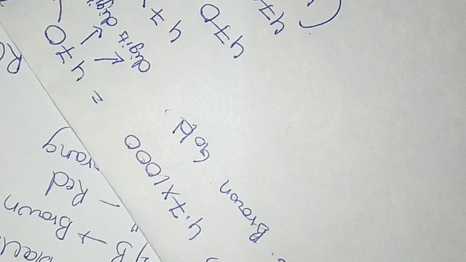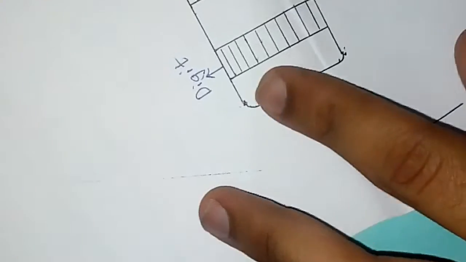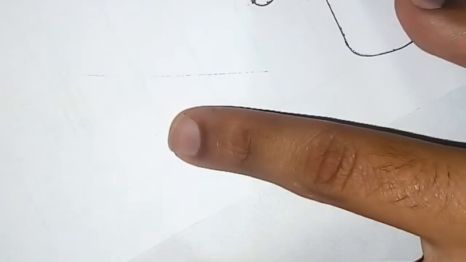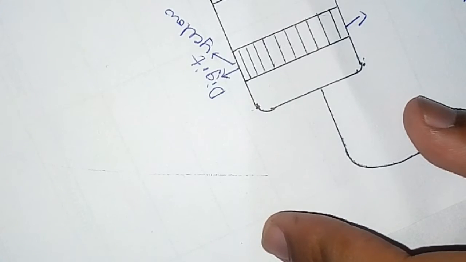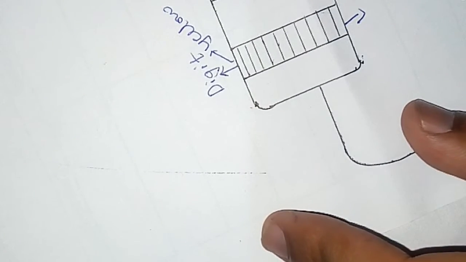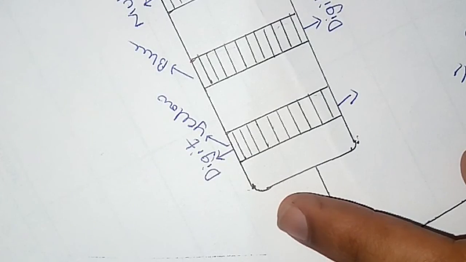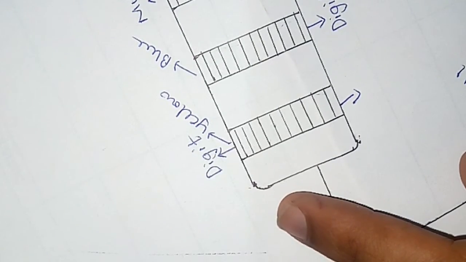If we want to show this on the resistor, we can plot it like this. 4 in the question represents yellow, this is yellow, this is blue, and this is brown, and this is gold.